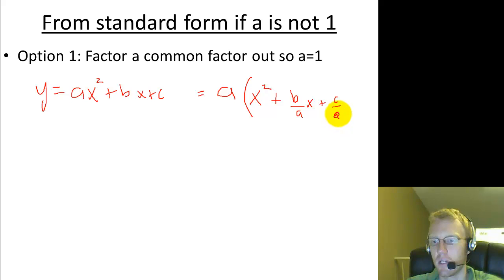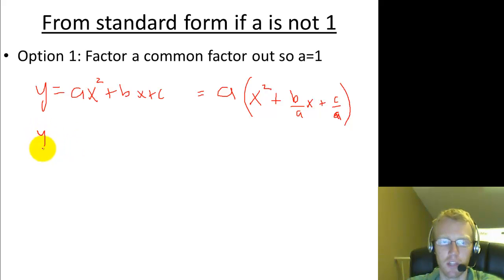Now this is a little bit of something new. If you distribute the a back in, the a divided by a cancels, and you're left with just bx, and the same with c. So I hope this seems reasonable that you could factor it out.